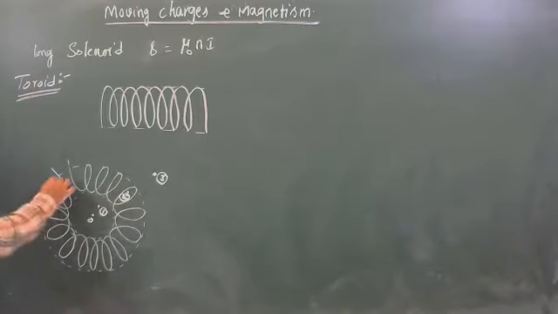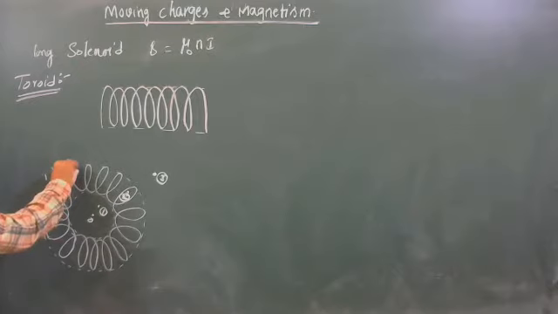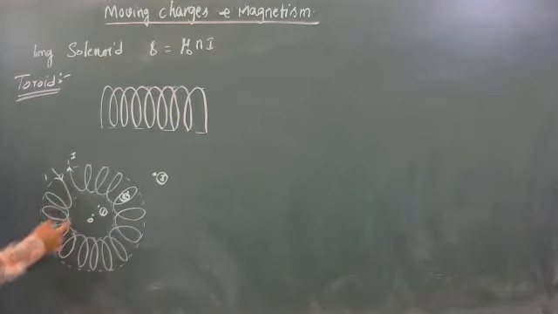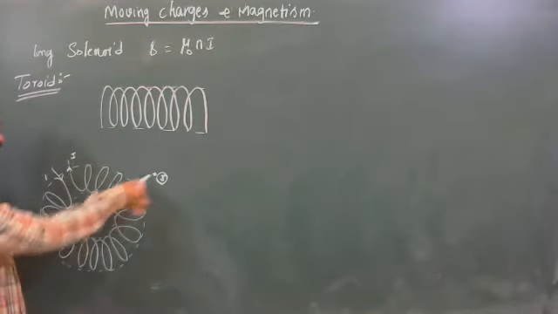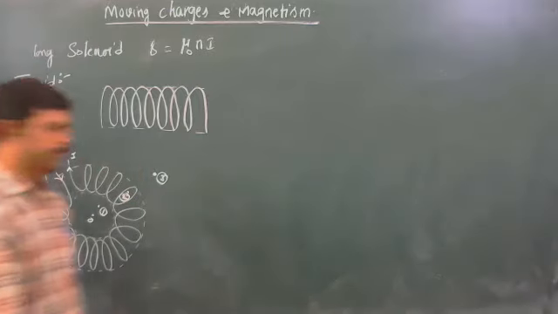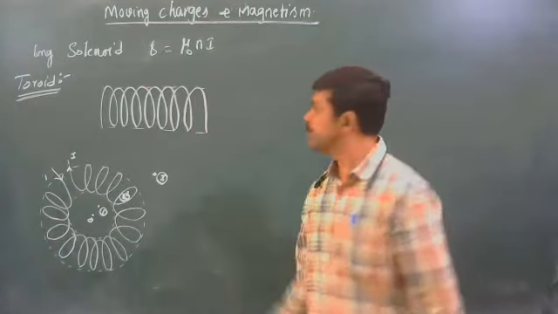Whenever current is passed through this toroid, entering here, leaving here. What is the magnetic field at this point, at this point and at this point? Where is the point 1?